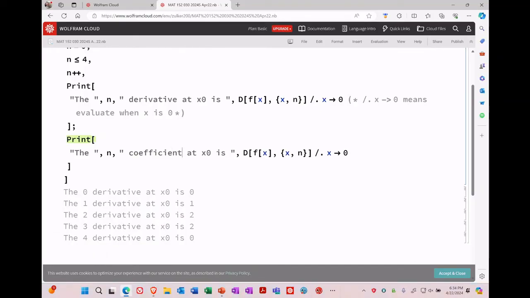Call it the n coefficient. I still want that derivative, but now we want to divide it by n factorial, don't we? Because remember, it's the nth derivative at x naught divided by n factorial.